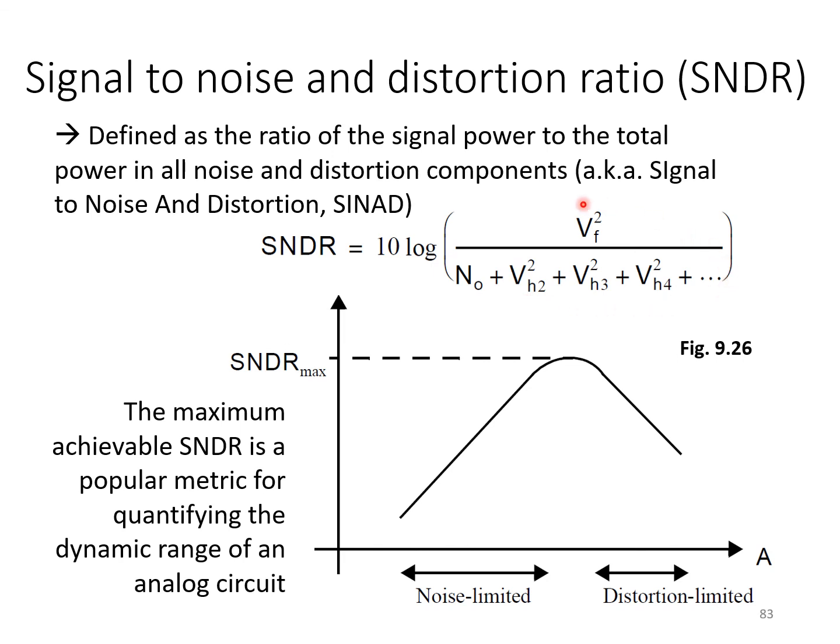So following the intuition we described previously, at first for very small input amplitudes, plotted here on the x-axis, we would see that the SNDR simply improves, because in this part of the plot, the output noise is a lot greater than all the harmonic terms.